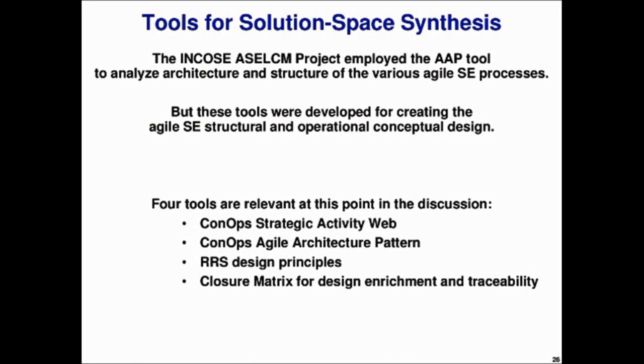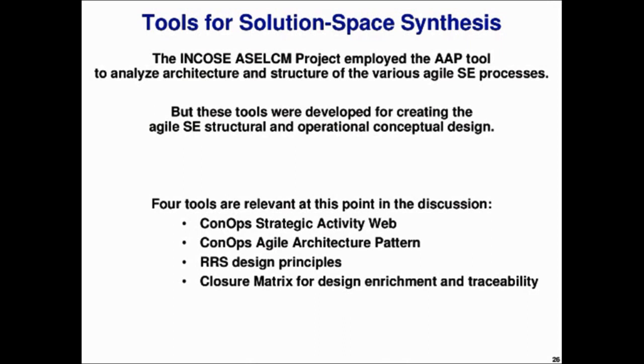Concept of operations manifests in 2 different ways. One I call a strategic activity web. We'll look at that. And the other is the Agile architecture pattern. Then we go a step further into design principles.